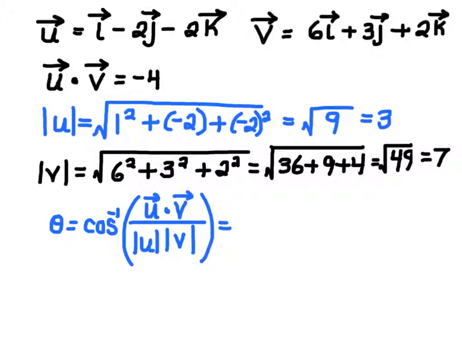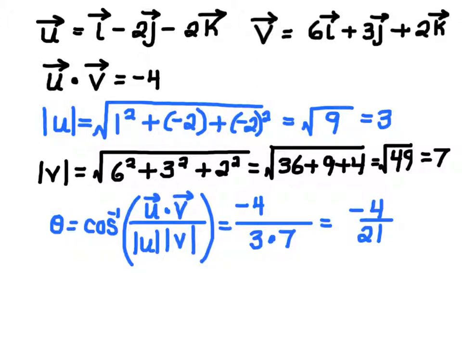Well, we found u dot v in our previous slide, and it's -4, so let's put that in. And on this page, we found the magnitude of u, which is 3, and we're going to multiply that by the magnitude of v, which is 7, and this becomes -4 over 21.